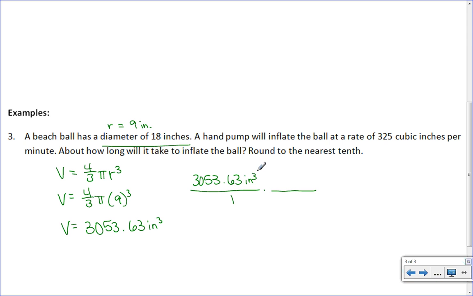So the cubic inches need to cancel out with these cubic inches, so we need those on the bottom. 325 cubic inches per 1 minute. And now the cubic inches cancel, and now we can see that we actually want to divide these. So 3053.63 divided by 325 should give you approximately 9.4 minutes.